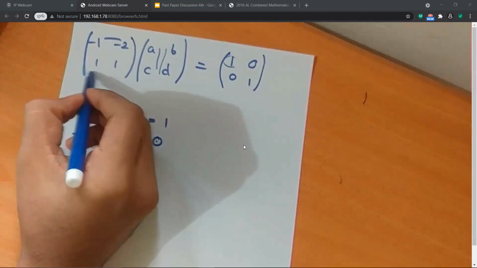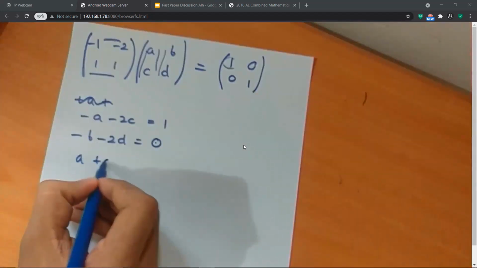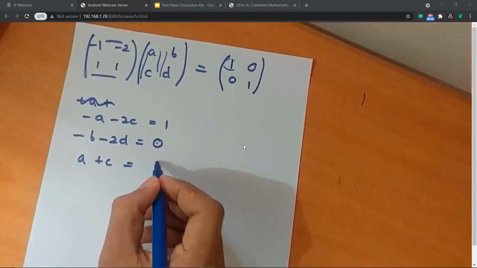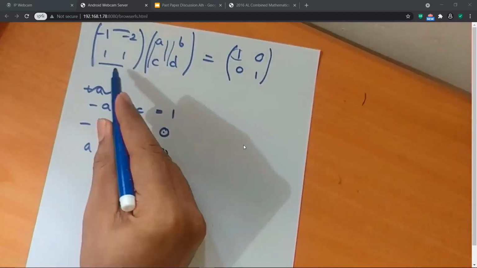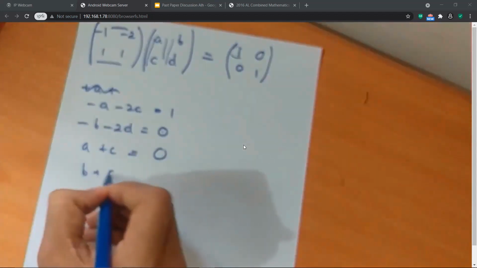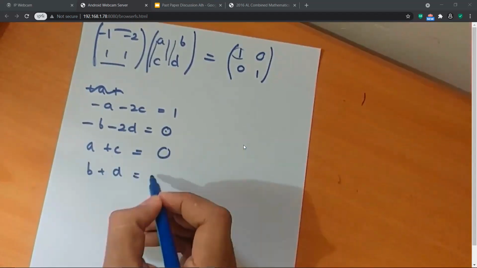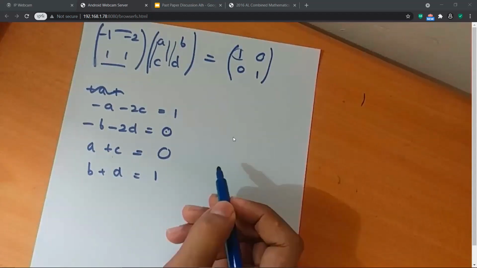Next, 1 into A is A plus C, equal to 0. Then B plus D is equal to 1. We have 4 equations and 4 unknowns. You can just simplify and get the answer.